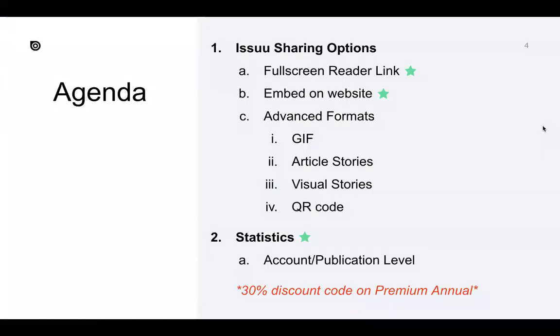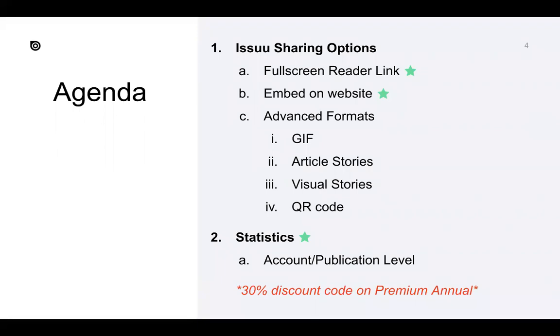Again, the agenda for today, we will be talking about all the sharing options that you have on Issuu. So we are at the stage where you uploaded your publication on Issuu. It is live. In case you uploaded it publicly, then you probably want to share it. We will be talking about how to share it in full screen. This is something we covered yesterday, but still I think it's a core feature of how to share.